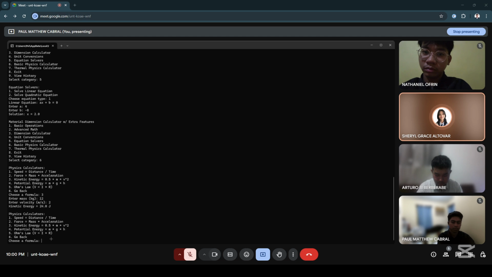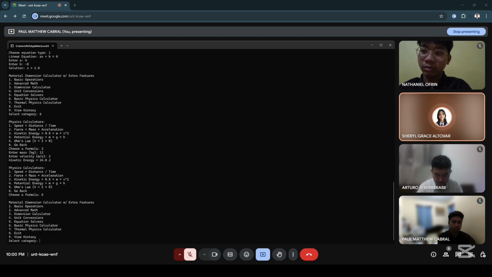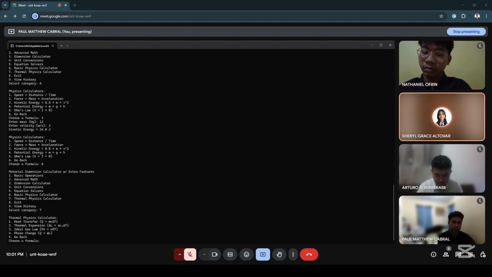Thermal physics calculator. This helps you calculate things like heat transfer, linear expansion, ideal gas law, and phase changes. Let us try to use this calculator too. First, we input 7 to select the calculator. Second, we input 4 to try one of its features, which is phase change.